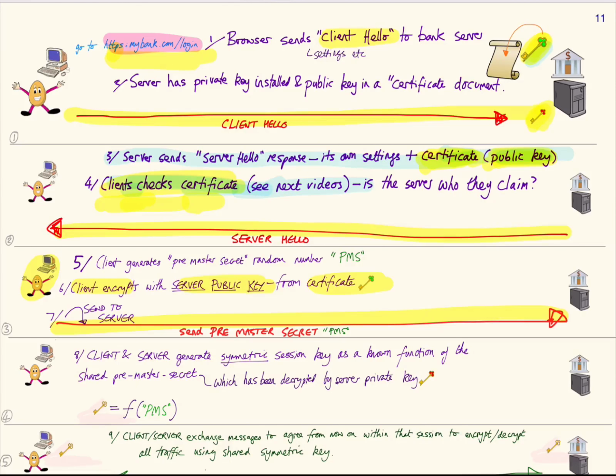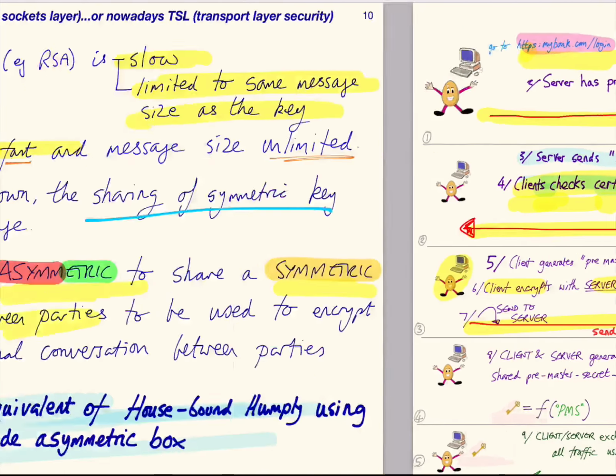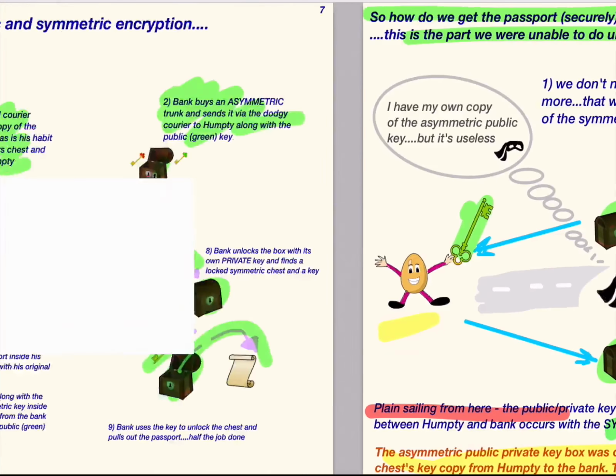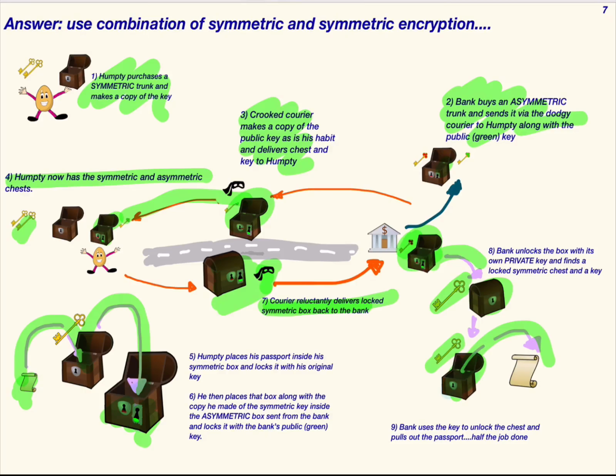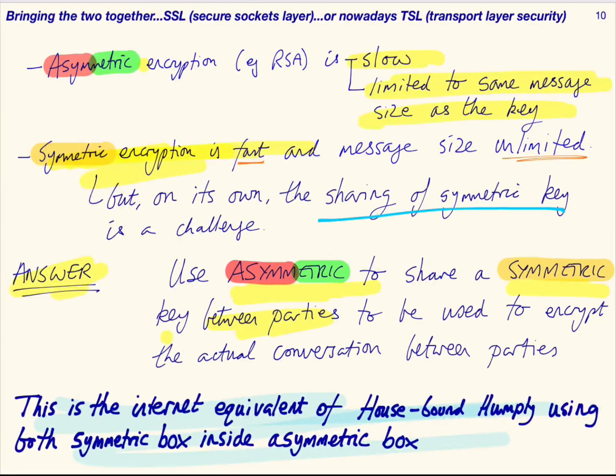And this is analogous, just going back a few slides, to Humpty taking the public key that he owns, that he copied, encrypting it, as in putting it back in the server's box, locking it with the server's public key and sending it back, right?